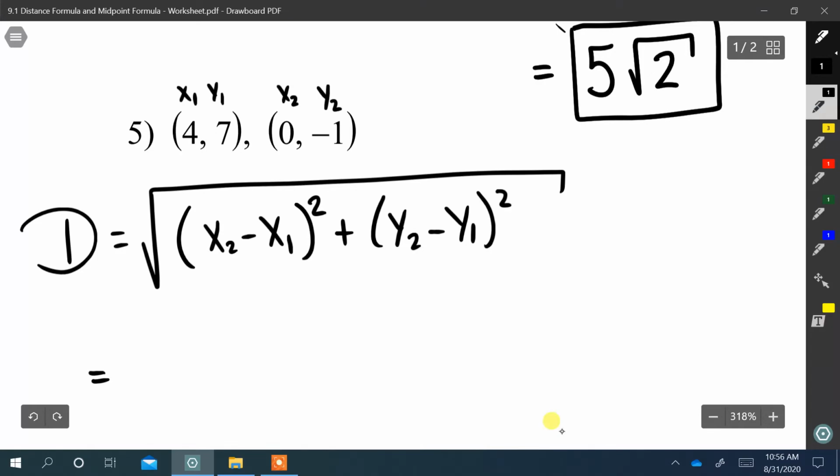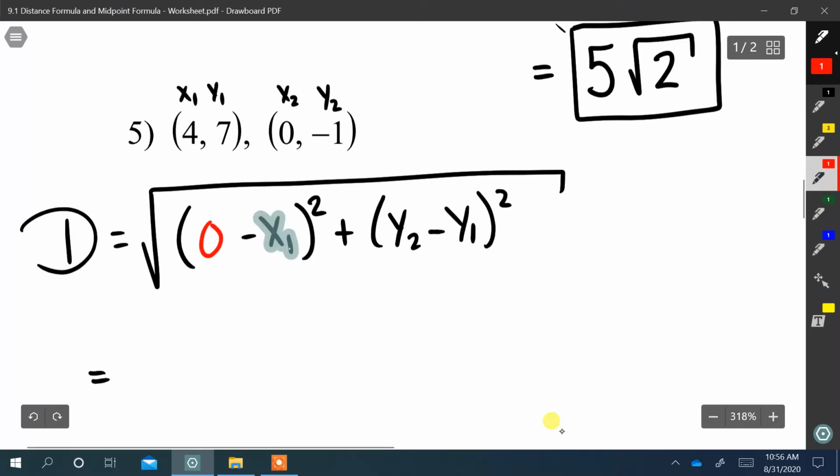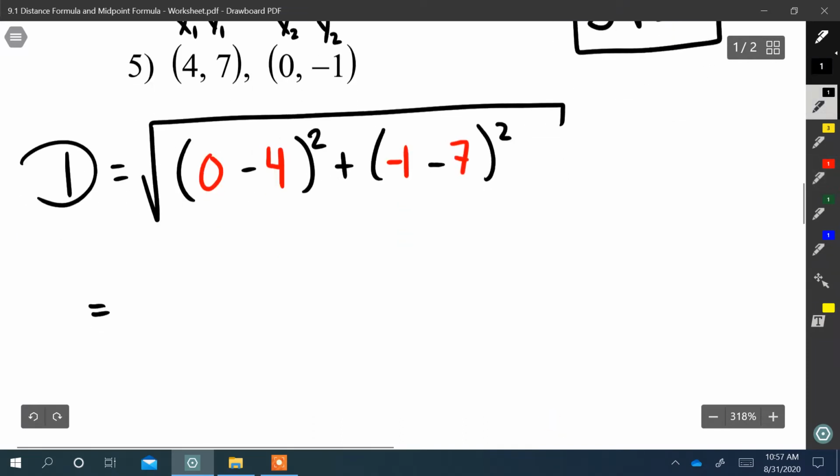Since I have this special tool, I'm going to erase and then plug in. So x2 right here, it's 0. And then x1 is 4. Now y2, it's -1. And then y1, it's 7. That's pretty cool, huh?